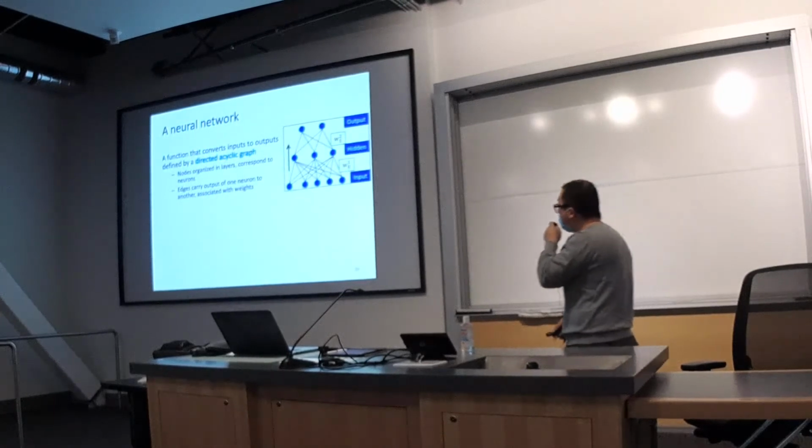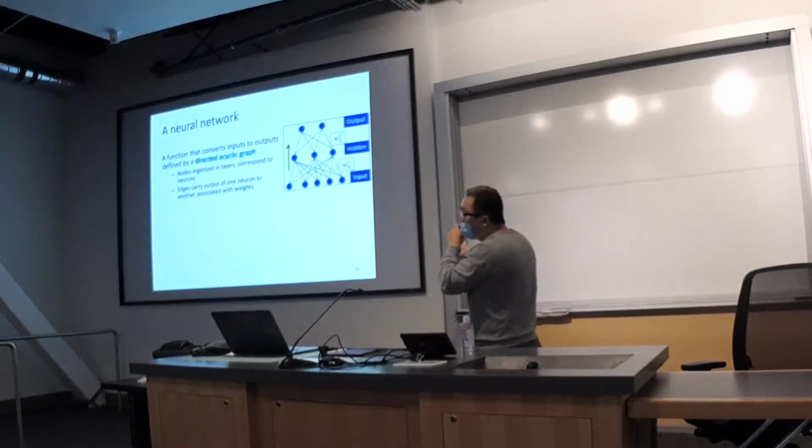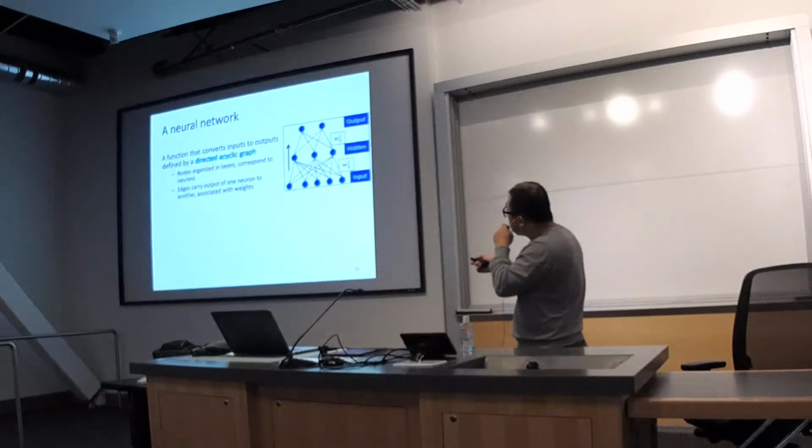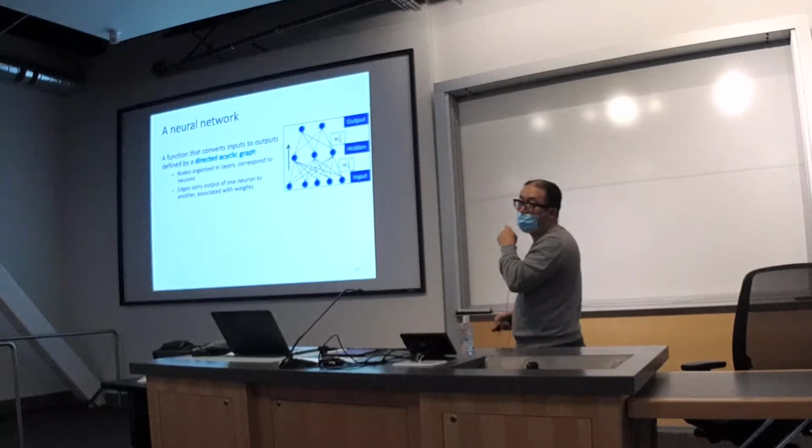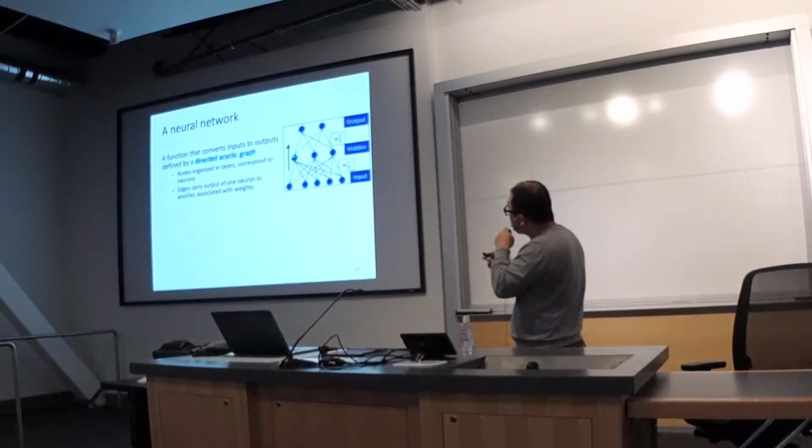So here's one example, right? This is a two-layer neural network. Those are input layer nodes, and those are all the neurons. You can imagine that this neuron accepts inputs from all the inputs in the input layer, and of course each edge is attached to a weight.